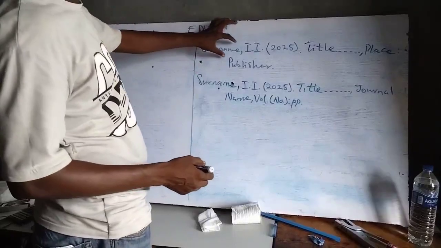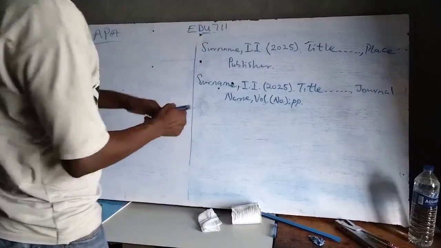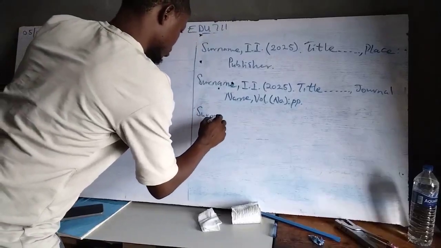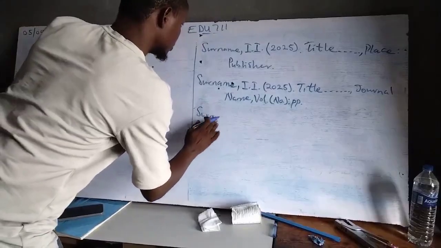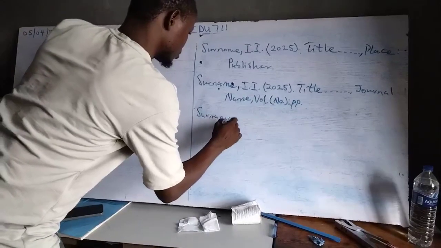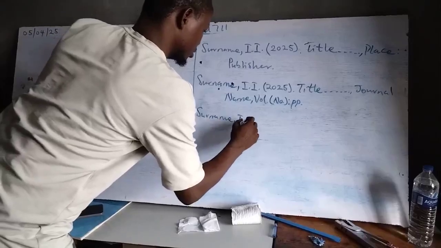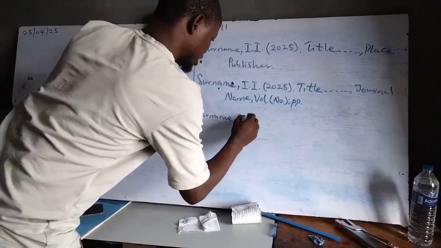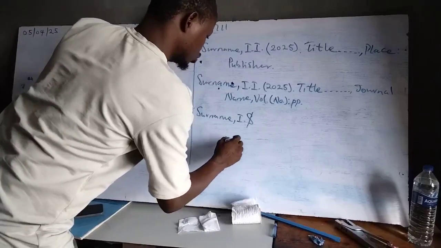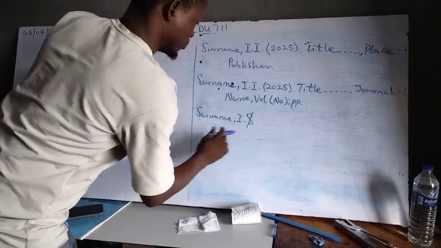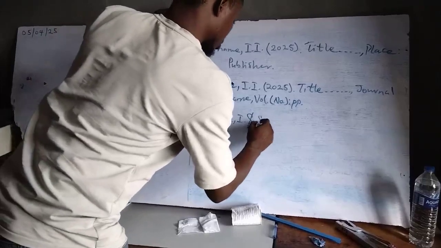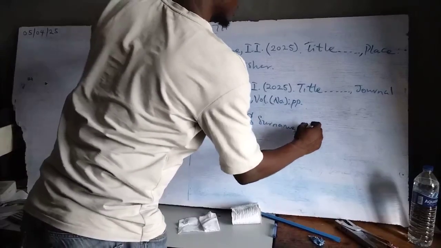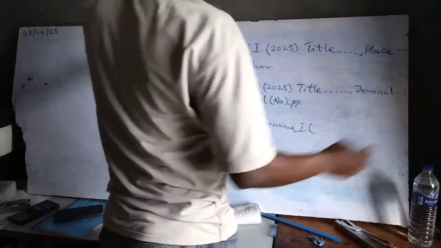The only thing that changes is the name. So first author, surname, initial, whether 1 or 2, then comma. If it is 2 authors, then ampersand, not and. You don't use and, you use ampersand. Then the second author's surname, initial, open brackets, so every other thing follows.